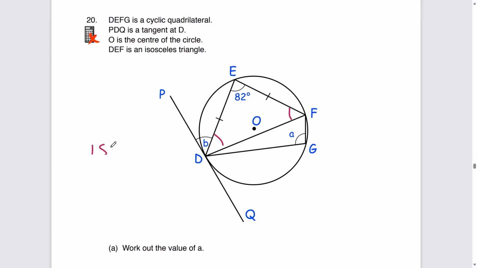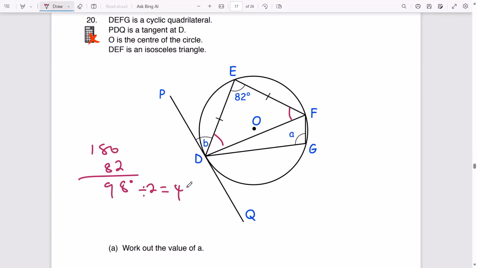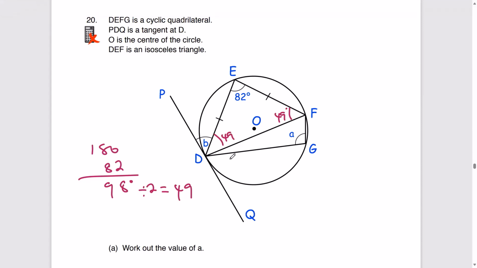So you do 180 minus 82, which will be 98 degrees, right? And half it. So here's 49, and here's a 49. And if you look at this, you can see that actually it's a cyclic quadrilateral.